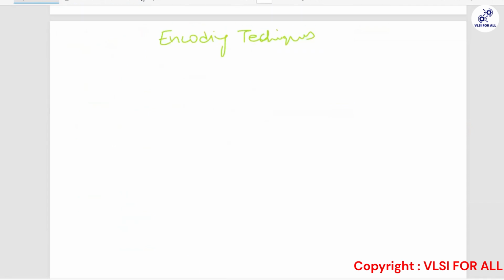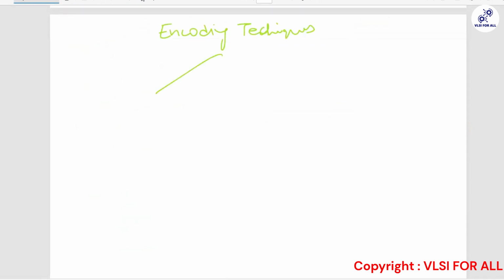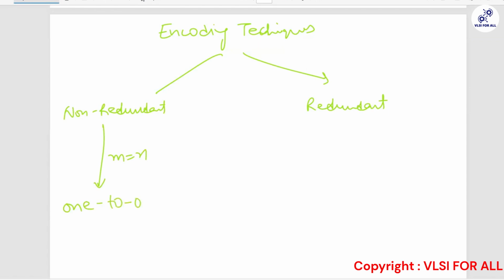So in our encoding techniques, we have non-redundant and we have redundant. Non-redundant means m equal to n. M equal to n means 1 to 1. There will be a 1 to 1 map, and we call that memoryless.